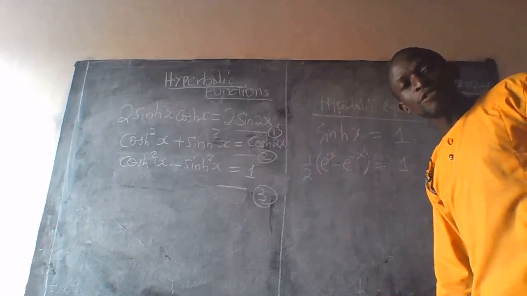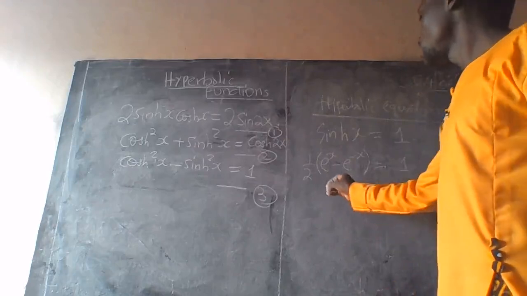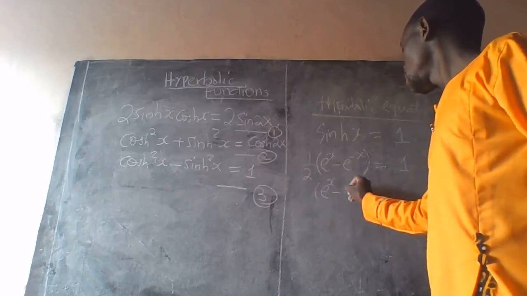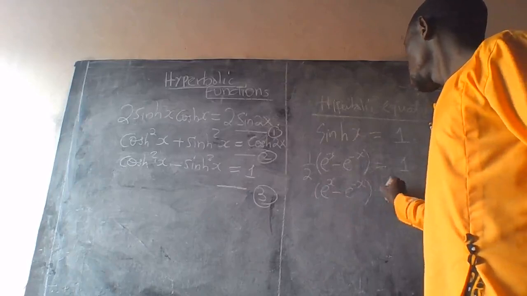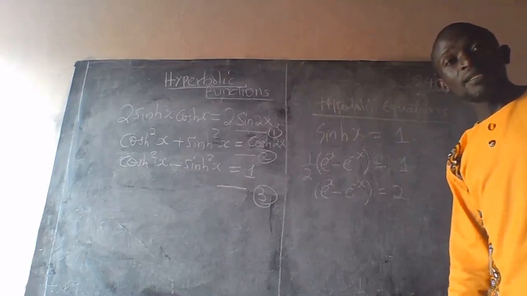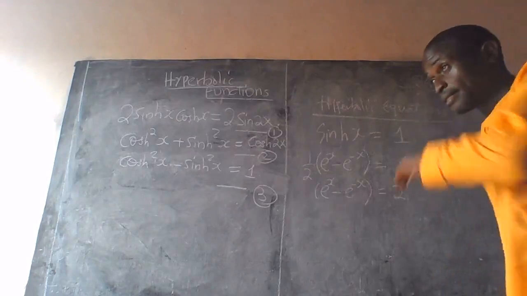Well said. So from here, you multiply by 2 on both sides. That's going to be e^x minus e^(-x) is equal to 2. You see that? All right.